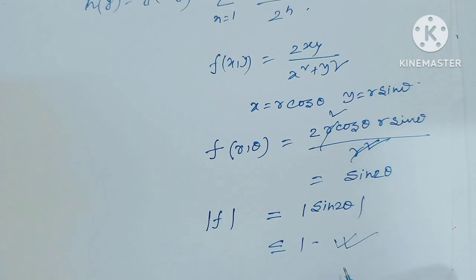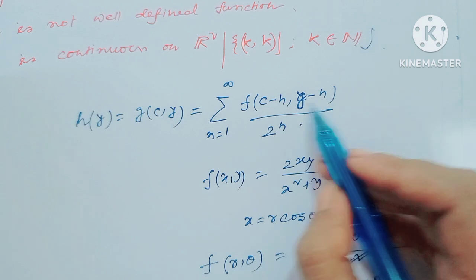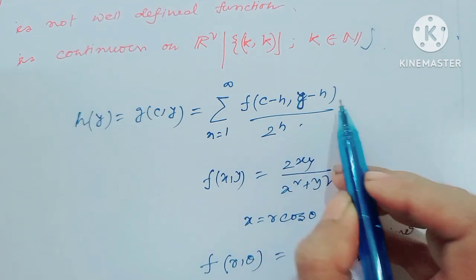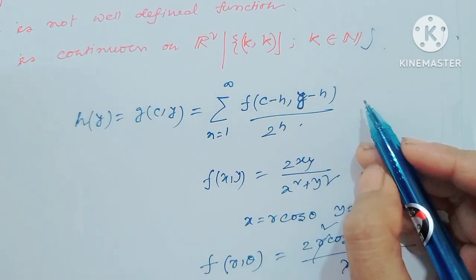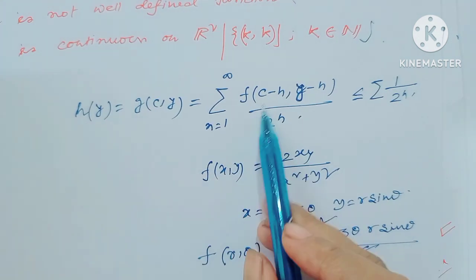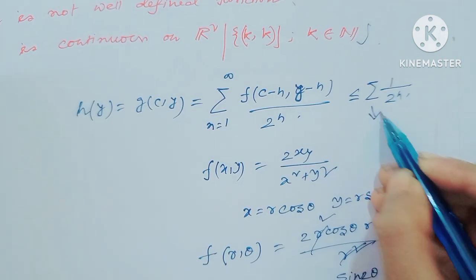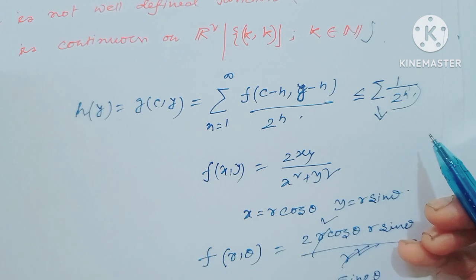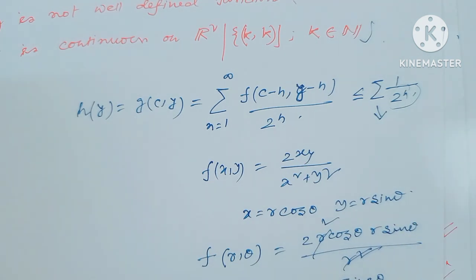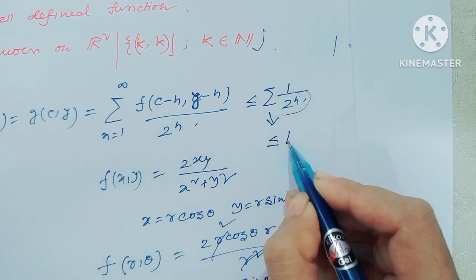So since this function is at most 1, the function is bounded. For the series, f(x minus n, y minus n) is less than or equal to 1, so the terms are bounded by 1 over 2 to the power n, and this is obviously a geometric series, so its value is always finite.